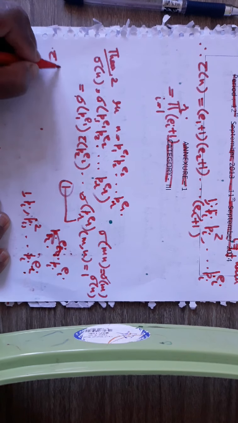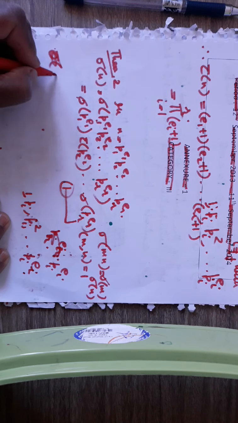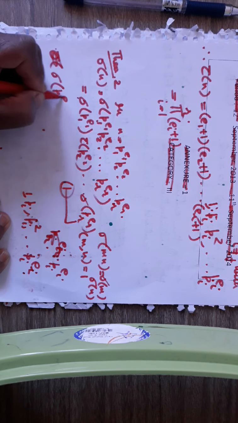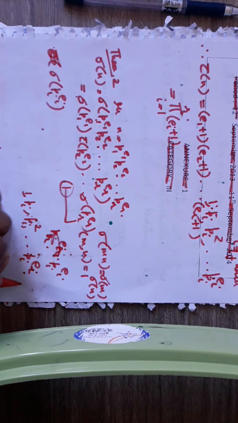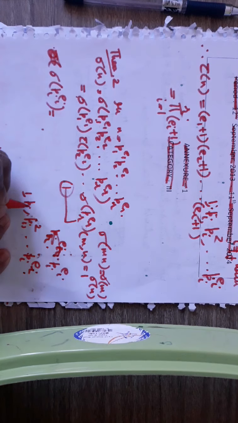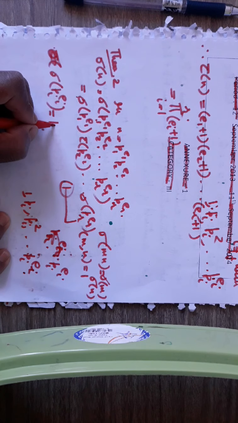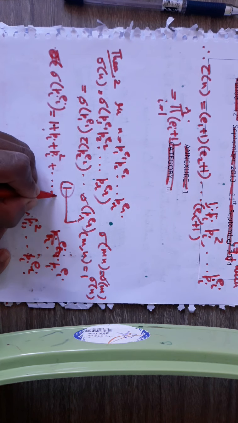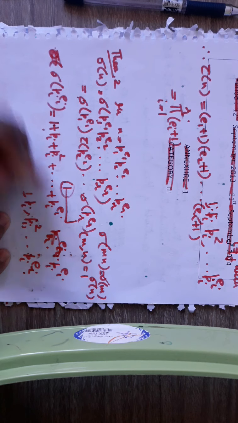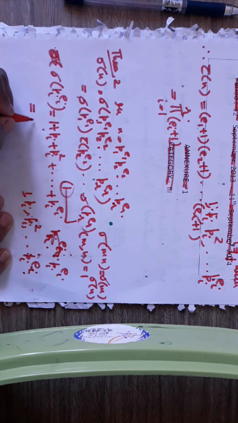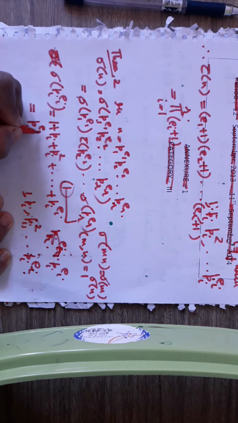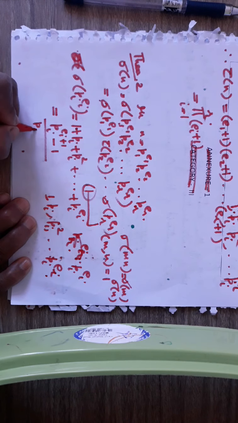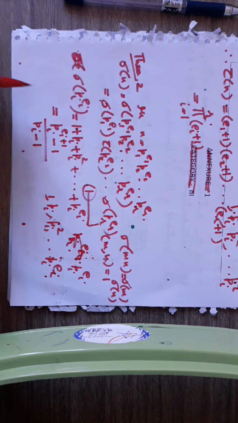Now let us find sigma of pi to the power ei, where these are all the divisors of pi to the power ei. According to the definition of sigma, it is the sum 1 plus pi plus pi square plus up to pi to the power ei. And there is a formula for this: it is pi to the power ei plus 1 minus 1 divided by pi minus 1.